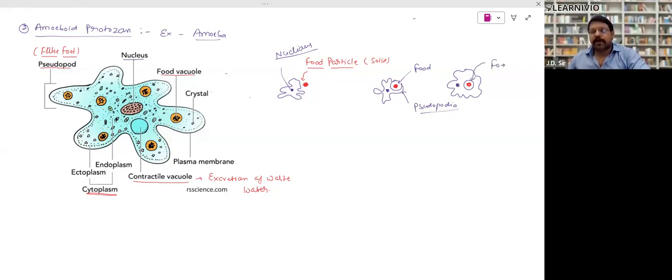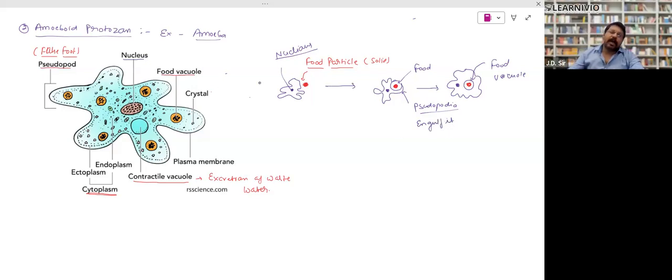It makes a food vacuole when amoeba eats a food particle. This is the first step: it sees the food particle, then engulfs it with the help of pseudopodia.